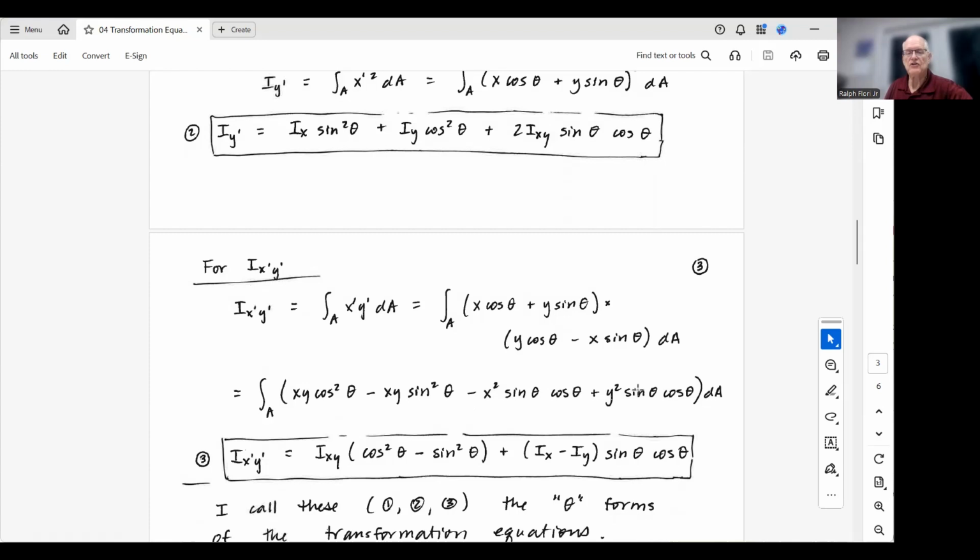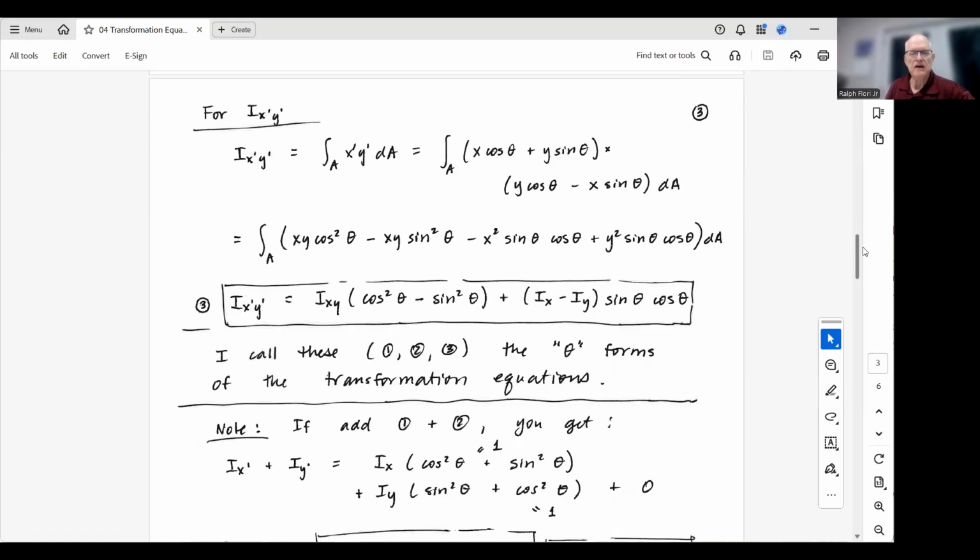And so these last two terms are a positive Ix minus an Iy times sine theta cosine theta. So now we have three equations. We have an Ix prime, an Iy prime, and an Ix prime y prime for those in a rotated coordinate system. I call these three equations the theta form of the transformation equations because they're in terms of theta.